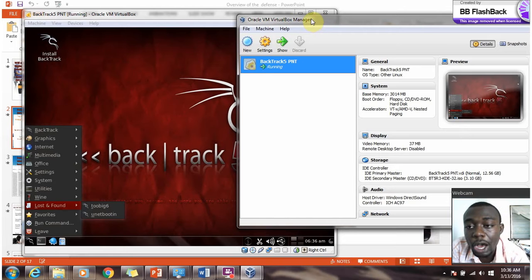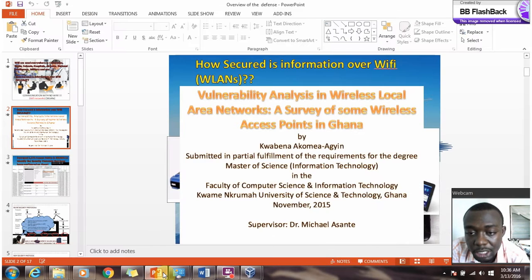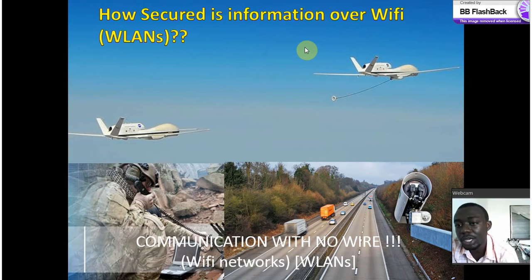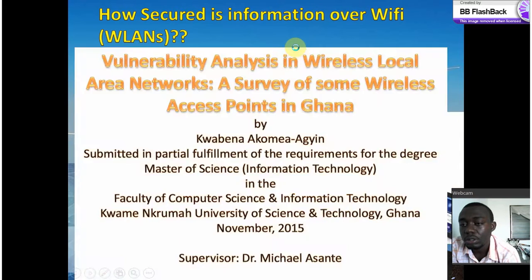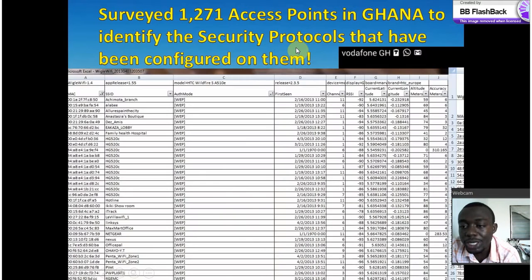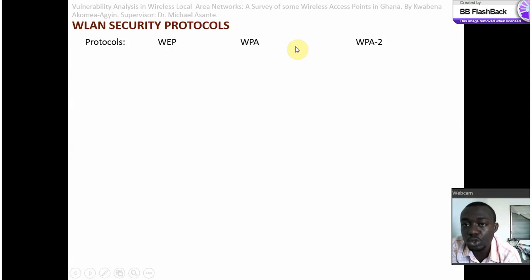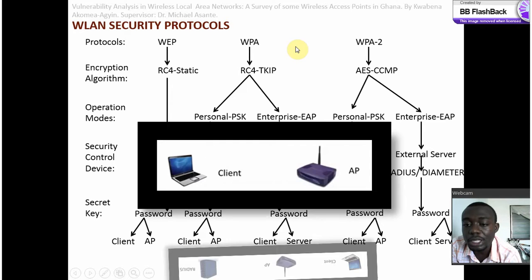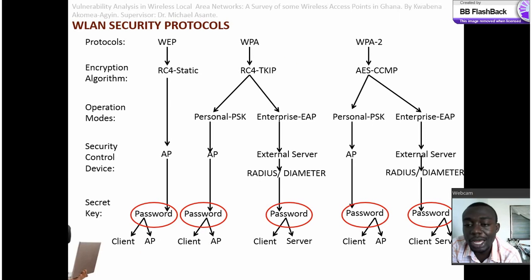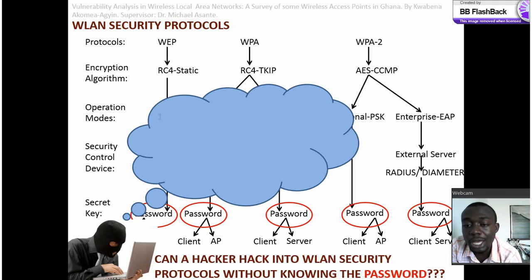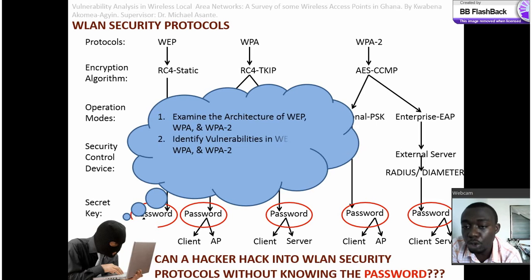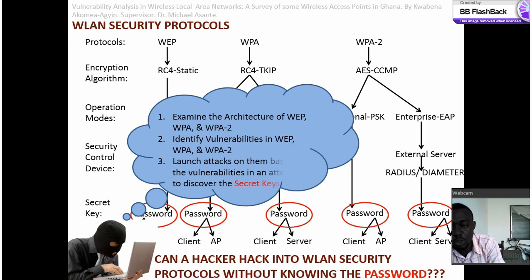As we explained here in this architecture, we did say that if we want to hack into these wireless networks, then the mind of the hacker is, number one, he is supposed to understand the architecture of WEP, WPA, WPA2, and then look at these vulnerabilities to actually launch this hack.